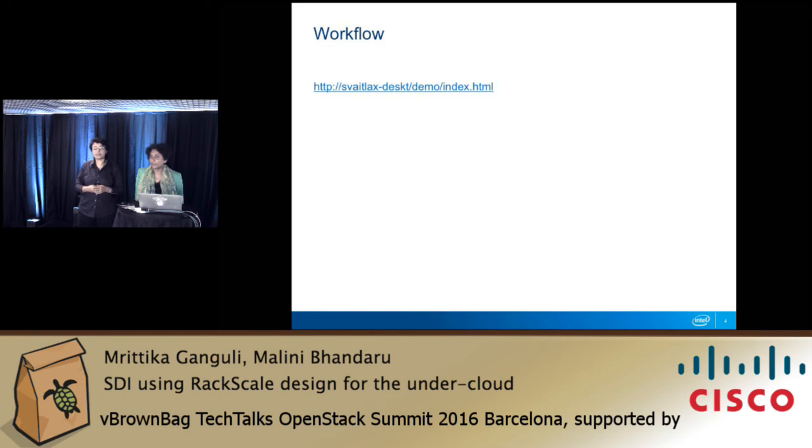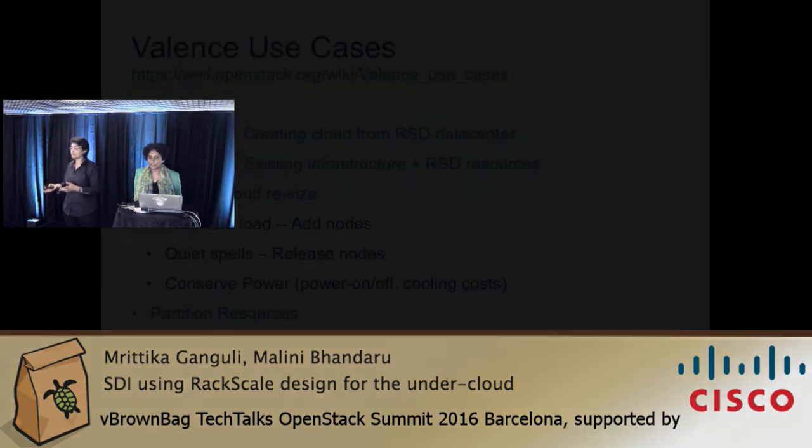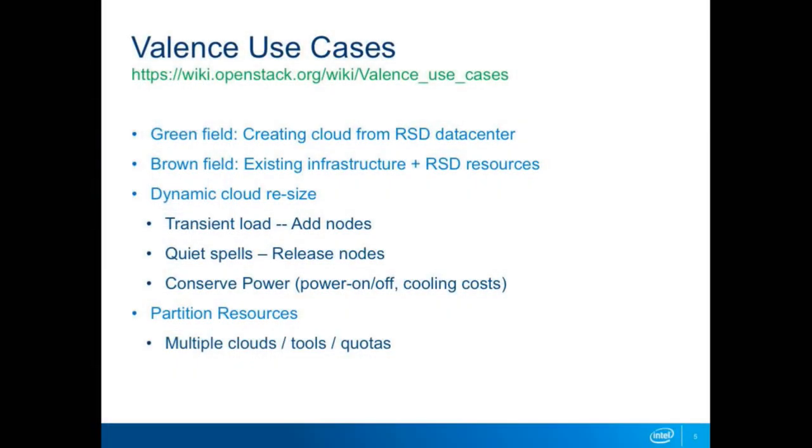So Valence itself is a community project that we started. We have many partners. We have another discussion tomorrow on this, another brown bag in the morning, where we'll look at an implementation of Valence from one of our partners. The other is that we have lots of folks interested in doing different kinds of things. So if there's pooled infrastructure, how would you want to use it?